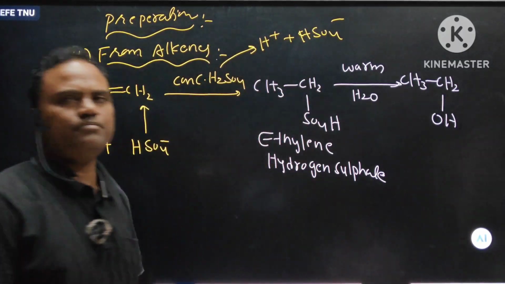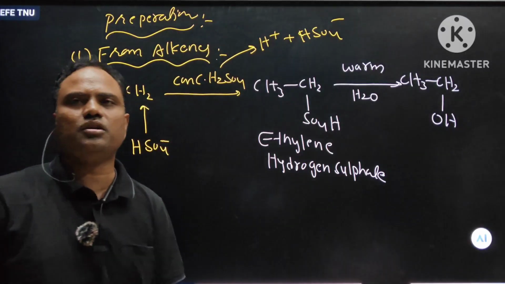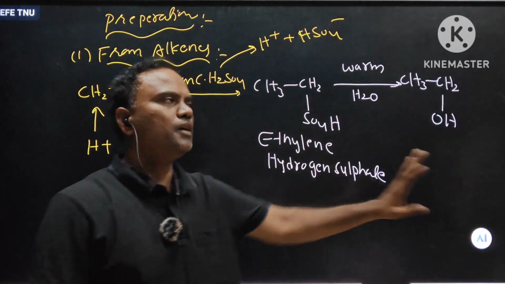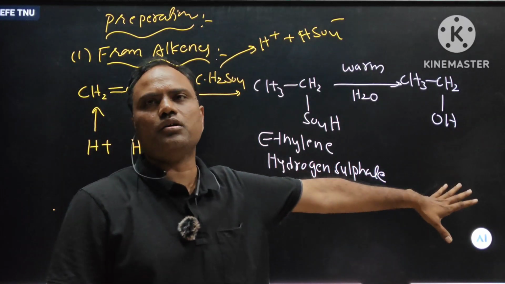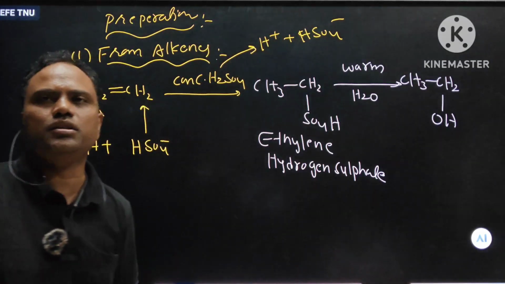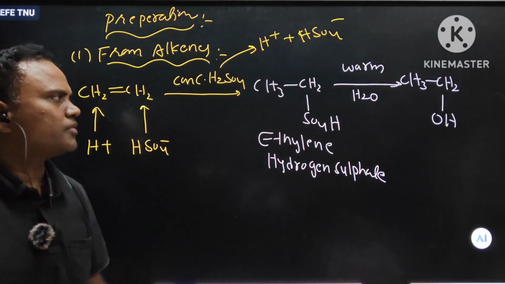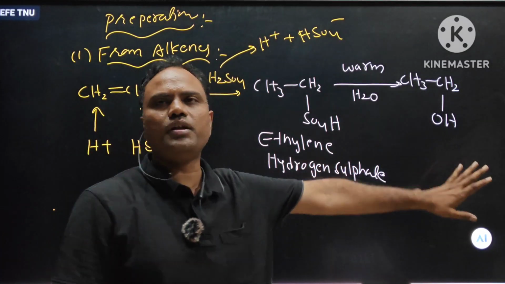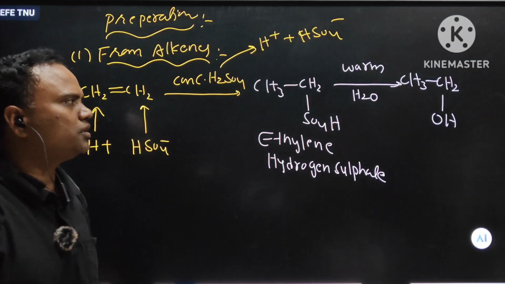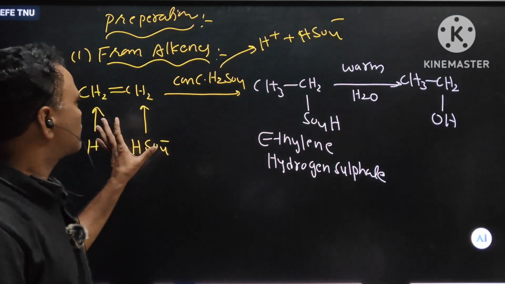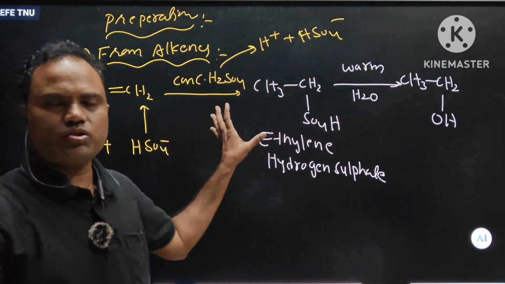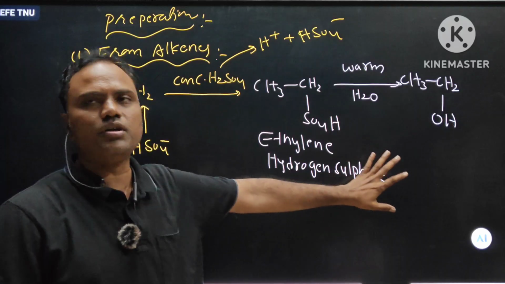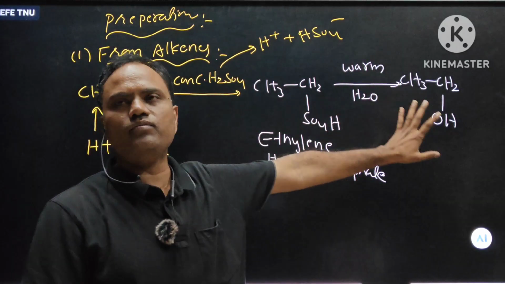See, this is another indirect method of preparation of alcohol also. In the first stage we get alcohol, from that we will get ether. This can be used for ethanol preparation also, right? Take ethylene, add H2SO4, you will get ethylene hydrogen sulfate, and add warm water.